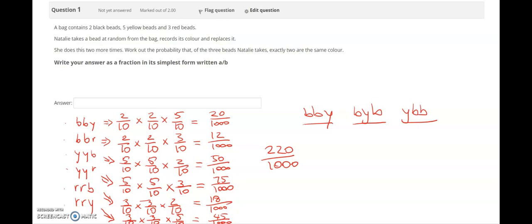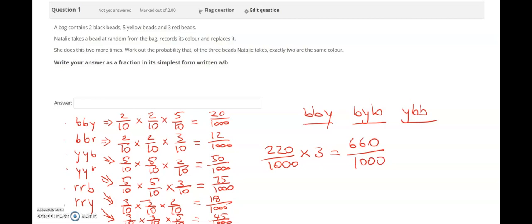So this means that this answer that we have here, we need to multiply by 3. So we'll go 220 over 1000 times 3 gives us 660 over 1000.